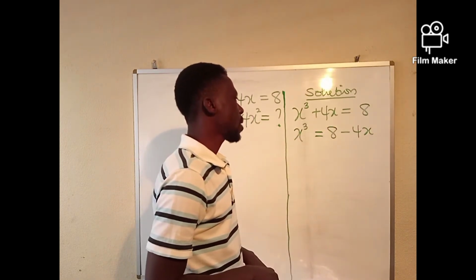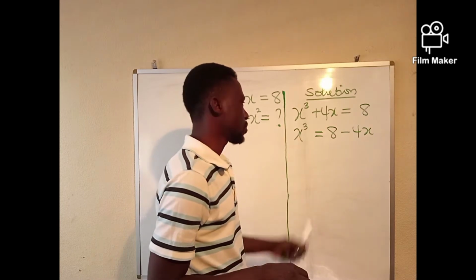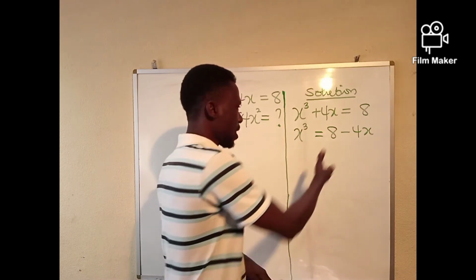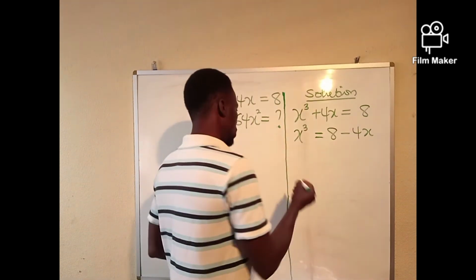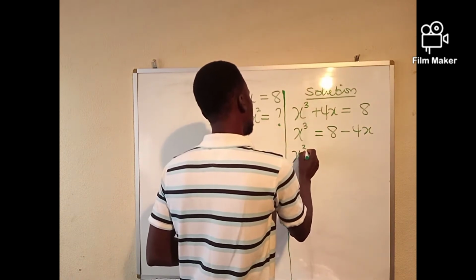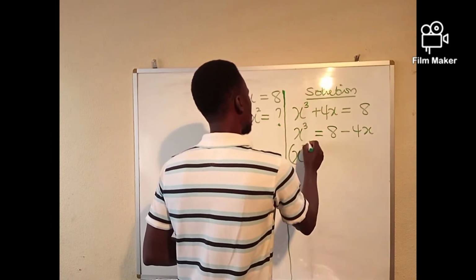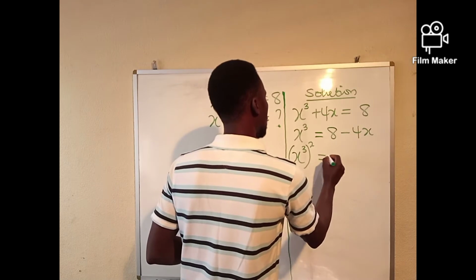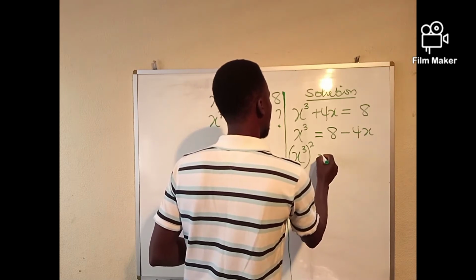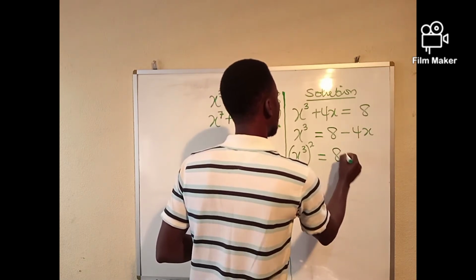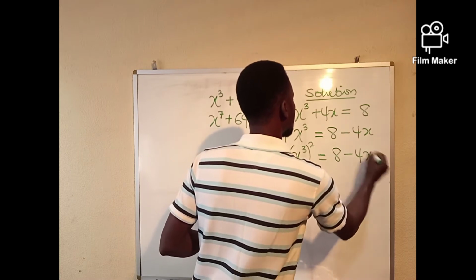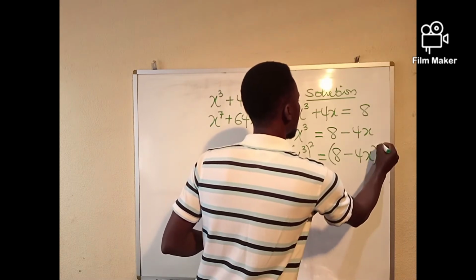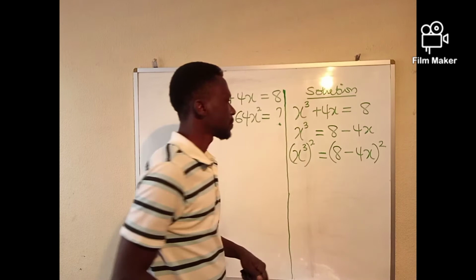So we shall square x cubed and square this binomial also. So we shall have x cubed squared. This will be equal to the square of this binomial, which is 8 minus 4x also squared. So this is what we have.